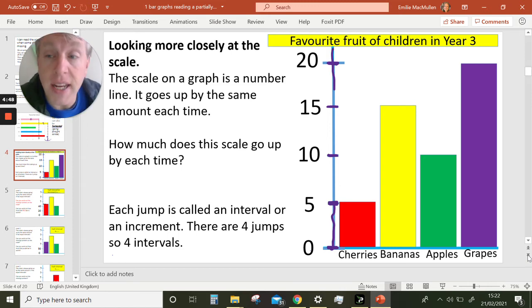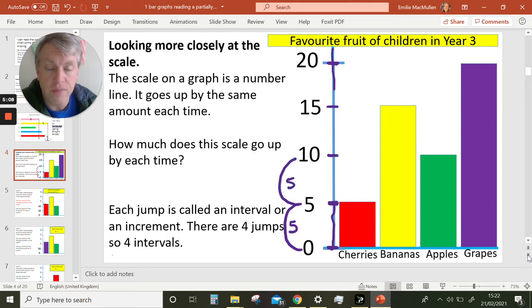And that scale going up the side is the number line, and each of the jumps is going up in the same amount. So how many is it going up in each time? Well, from 0 to 5 is 5. 5 to 10 is another 5. And that's how it works.